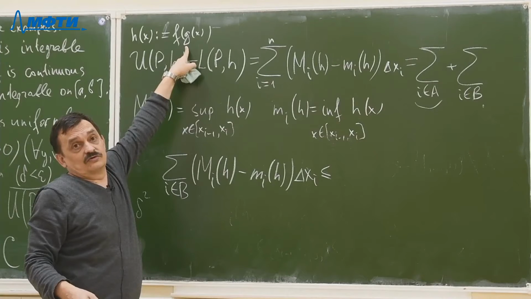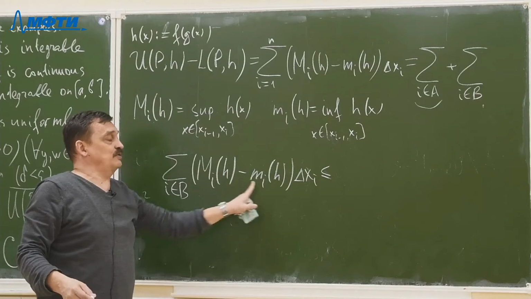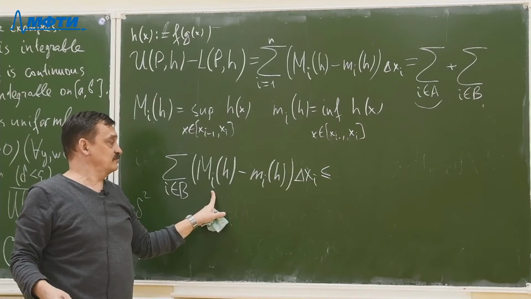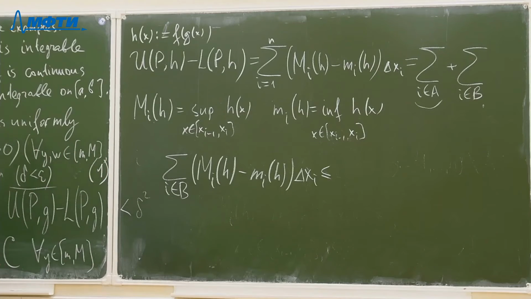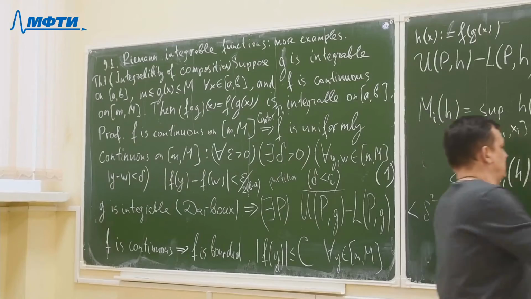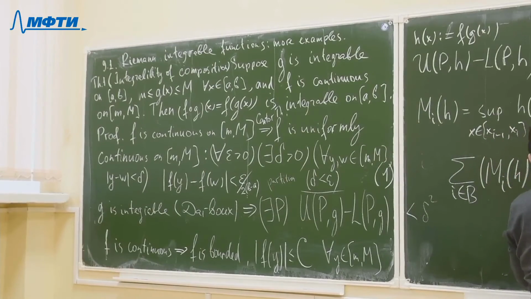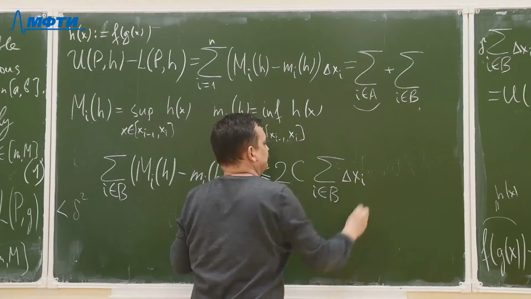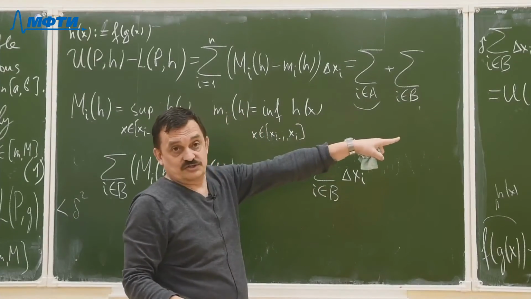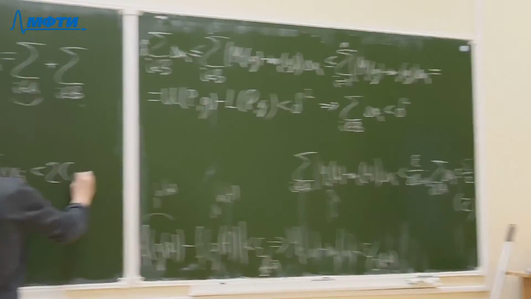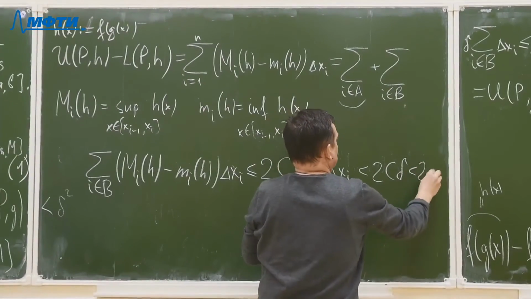So the maximal difference between those values is less or equal than 2 times c. So I can estimate it by 2 times c times the sum over i in B of delta x_i. That is, as we saw, less than delta, so 2c delta, less than 2c epsilon.